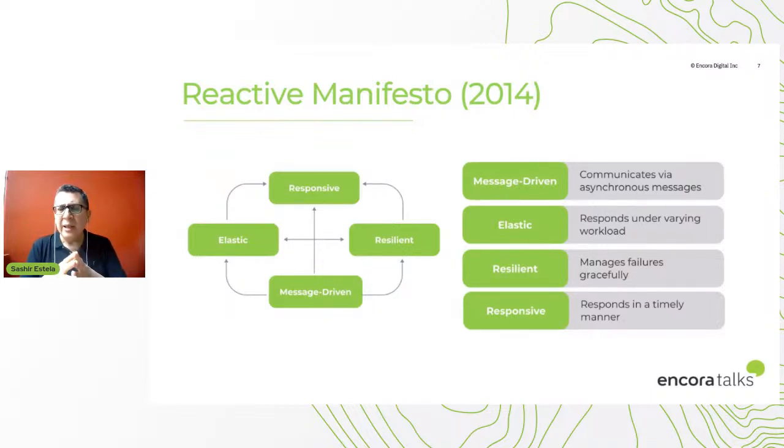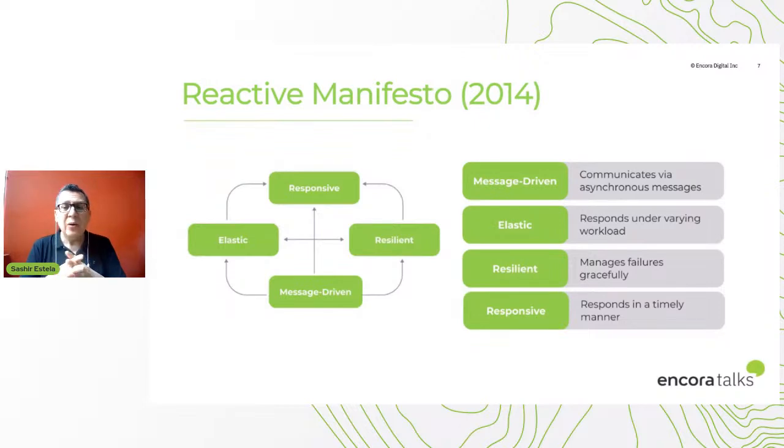Another important attribute is elasticity. In that way, the applications can respond under varying workload. If the workload increases, the component can respond well, as well as when the workload decreases. Resilient is the third attribute because we need to manage failures gracefully.